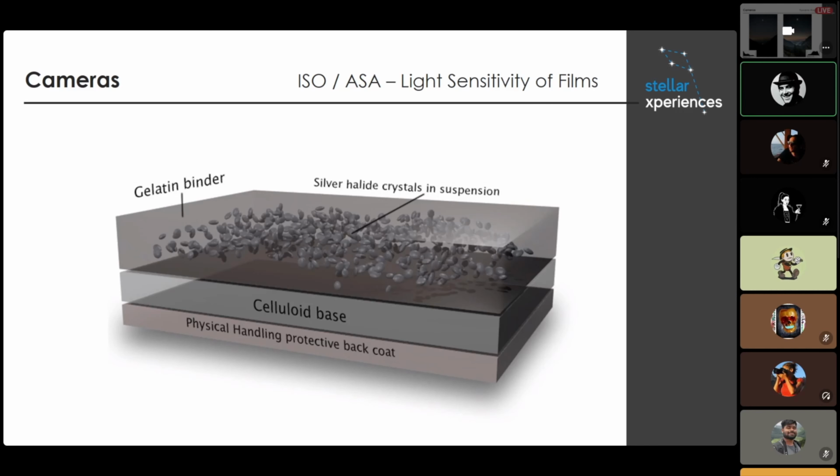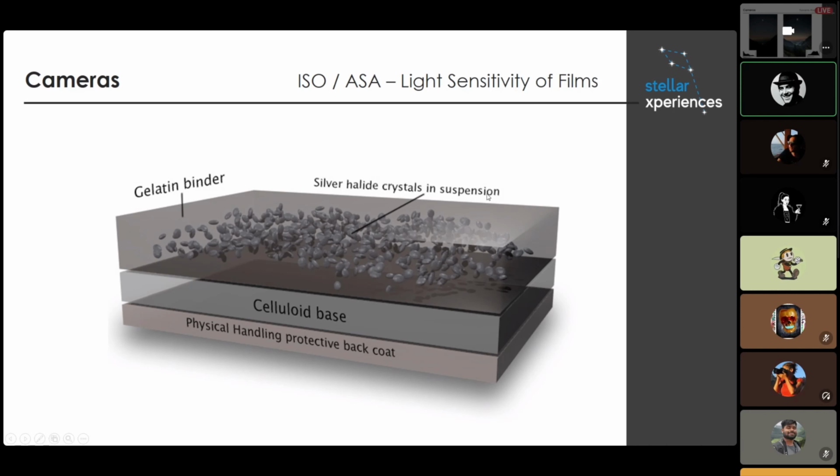Let's have a look at the structure of a film. Films had silver halide crystals as the light-sensitive material. As you know, silver, when it is exposed to light, gets darker.